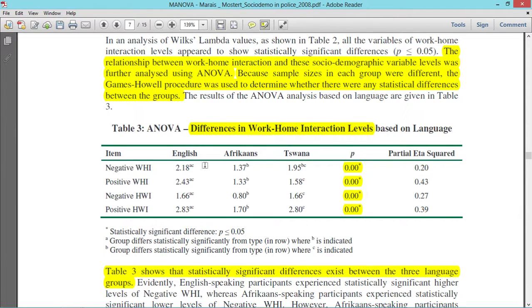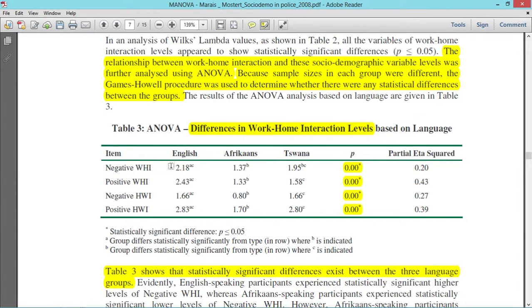Now, as we can see on the left-hand side, under the item column, these terms refer to the different levels of work-home interaction, and these are hence the different levels of our dependent variable.